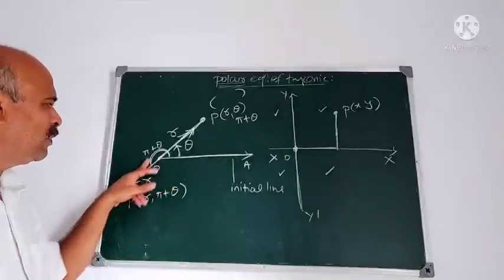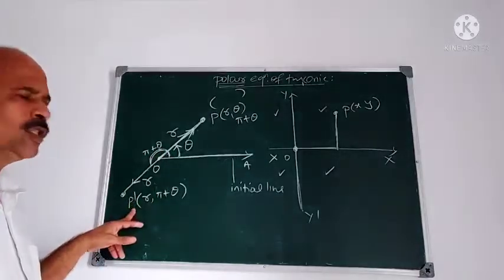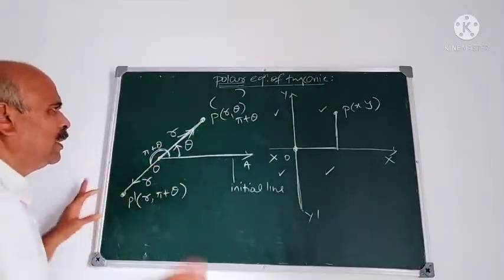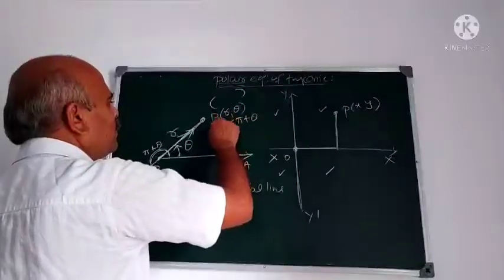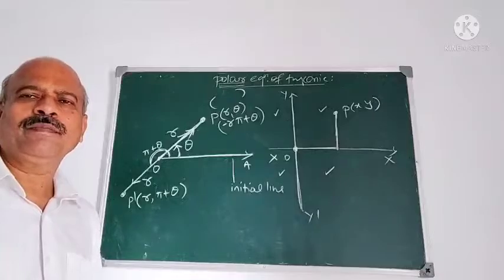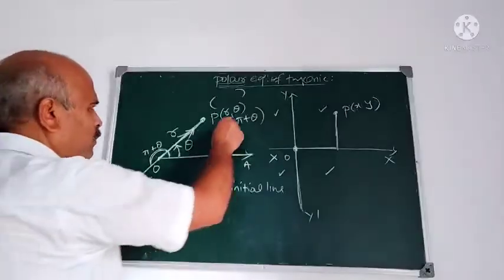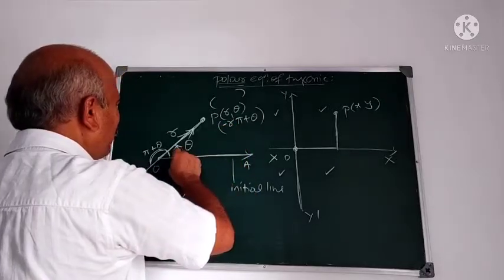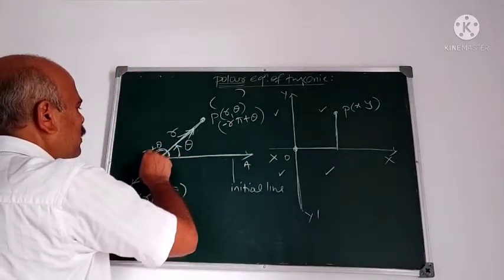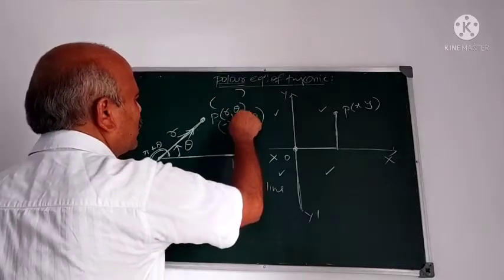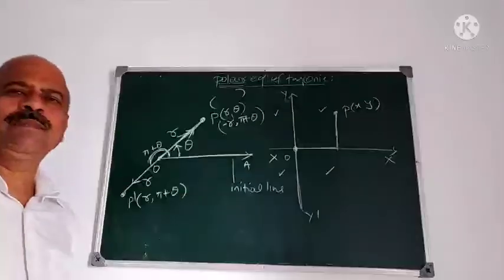What is the line bounding the vectorial angle? OP dash. But I take r in the opposite direction of OP dash. Then what happens? It becomes minus. Minus r, pi plus theta. So the coordinates of the same point can be given by (minus r, pi plus theta).